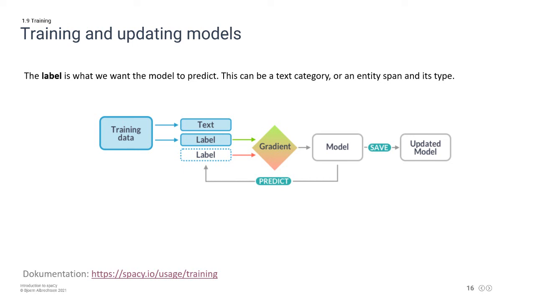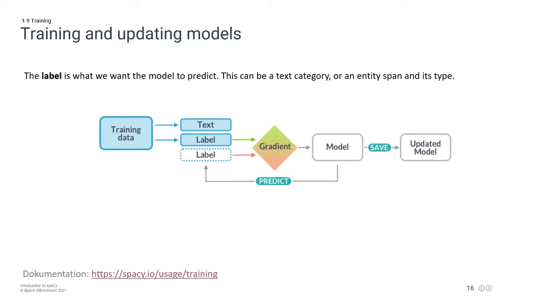So you can usually make these models more accurate by showing examples from our use case. You also often want to predict categories specific to your problem, so the model needs to learn about them. This is essential for text classification and also very useful for entity recognition, a little less critical for tagging and parsing. I just want to briefly illustrate how such training would work.